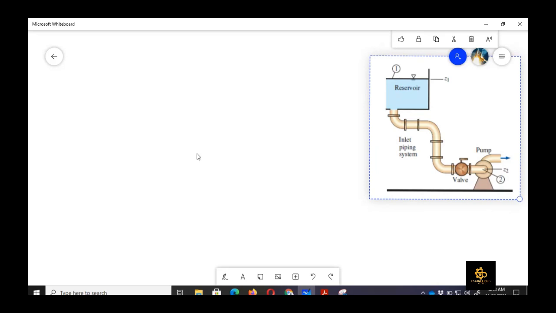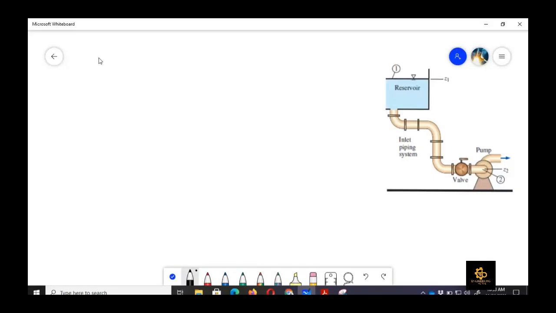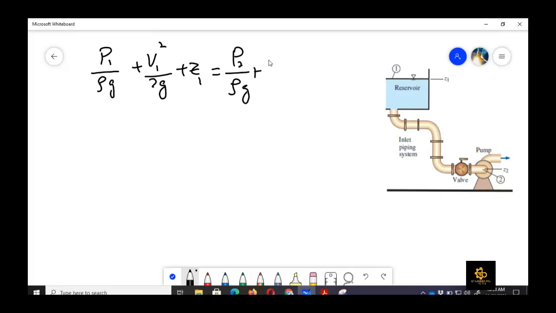If we write the energy equation between point 1 and point 2, we can write that P1 upon rho g plus V1 square upon 2g plus Z1 is equal to P2 upon rho g plus V2 square upon 2g plus Z2 plus HL.